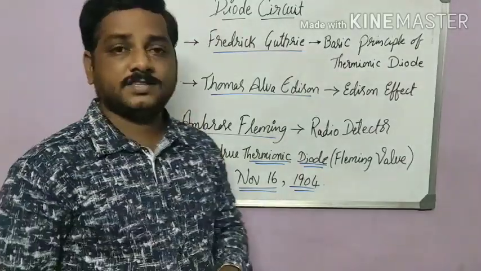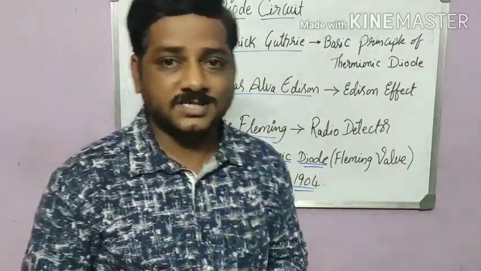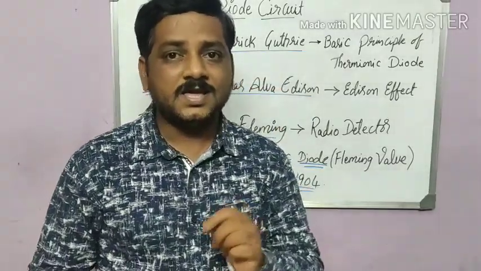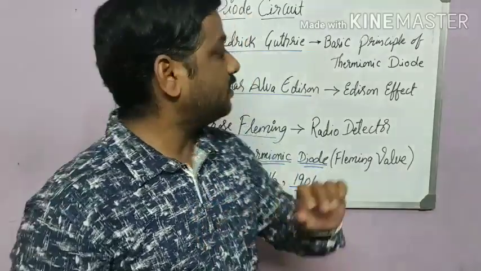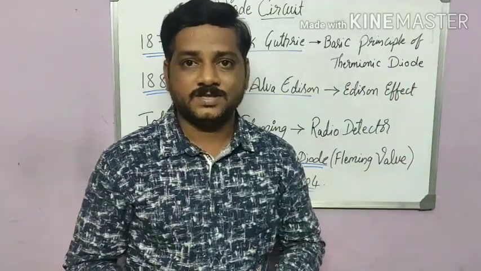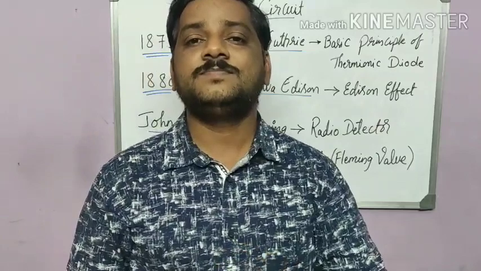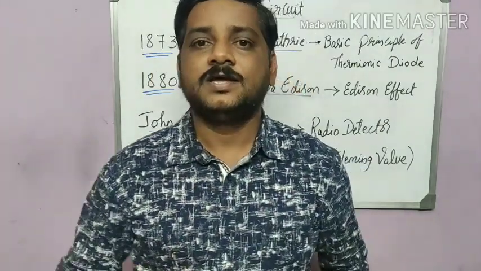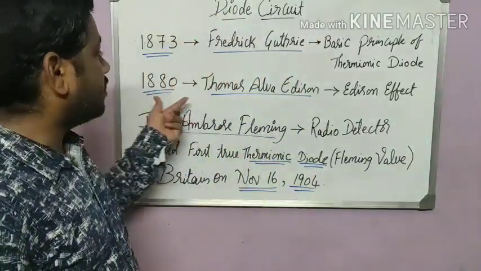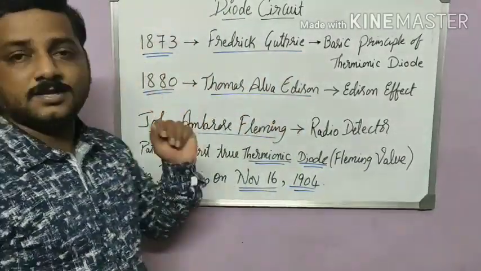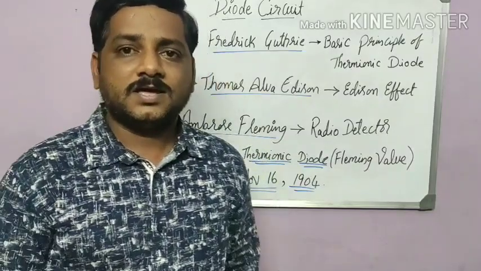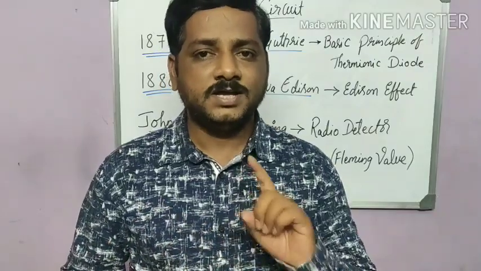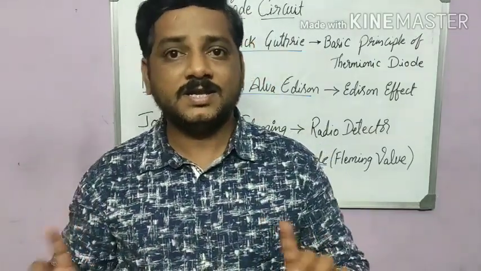In the year 1873, the research started by a scientist called Frederick Guthrie. He was the first person to give the basic principle of the thermionic diode. Later, in 1880, the great Thomas Alva Edison observed that a unidirectional current flows from a heated element to an unheated element in a bulb.